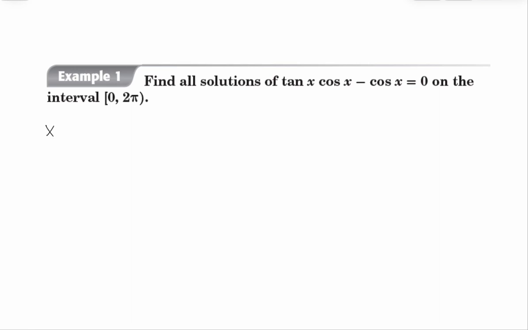I'm going to let x equal our tangent. Well, instead, since we already have an x there, let's call it y. And then let's let z equal our cosine. Now, wherever we see a tangent of x, I'm going to take it out and put a y. Wherever we see cosine of x, I'm going to take it out and put a z.